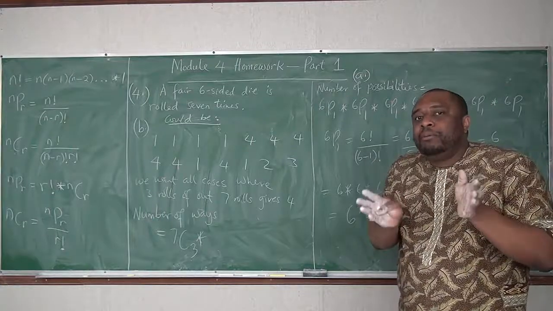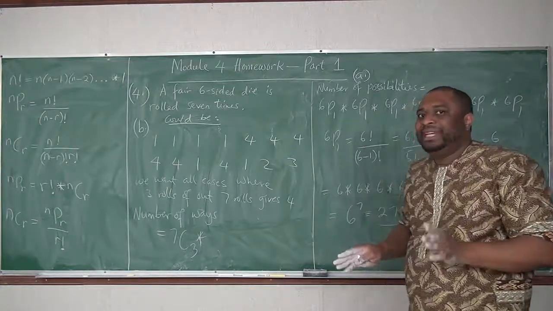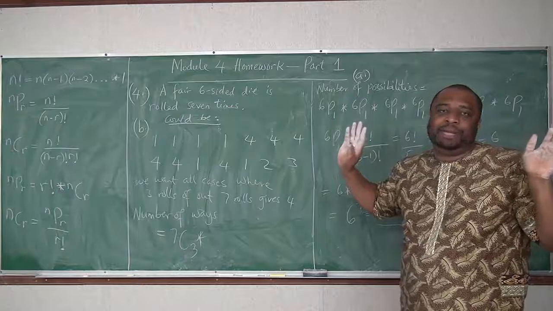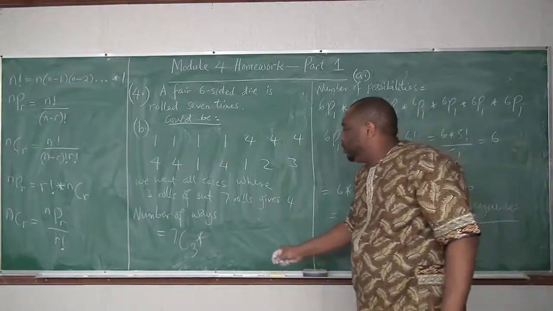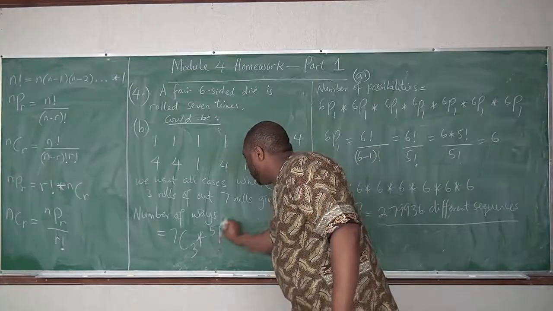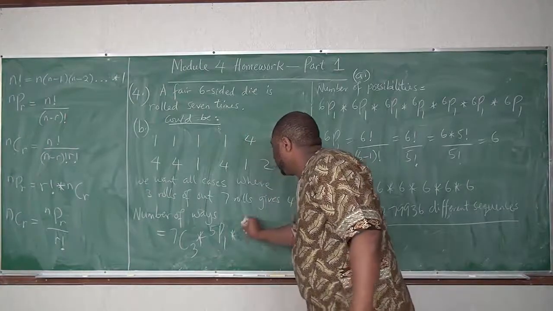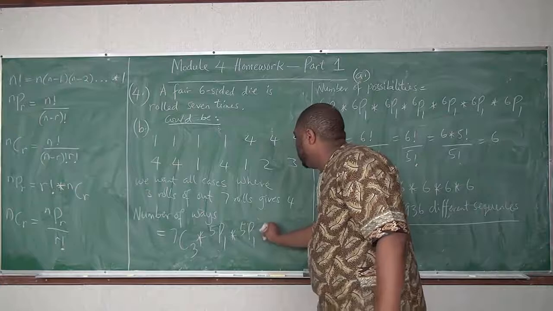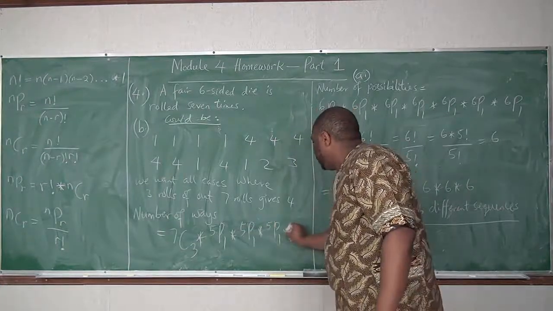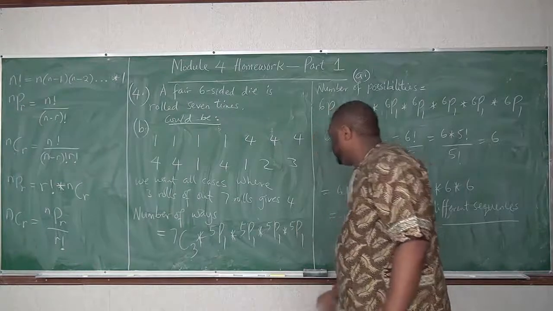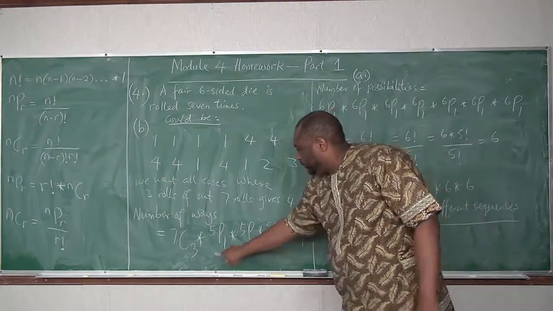It will be permutation for the other 4 dice remaining. So this will be 5 P 1 times 5 P 1 times 5 P 1 times 5 P 1, times 7 C 3.